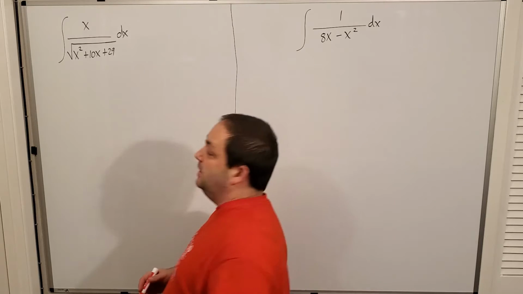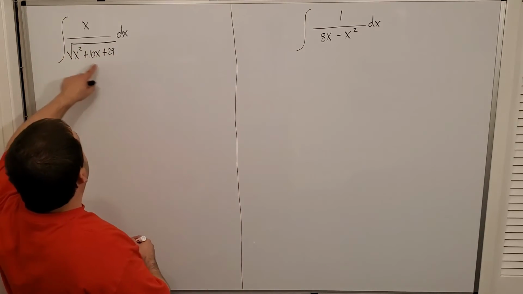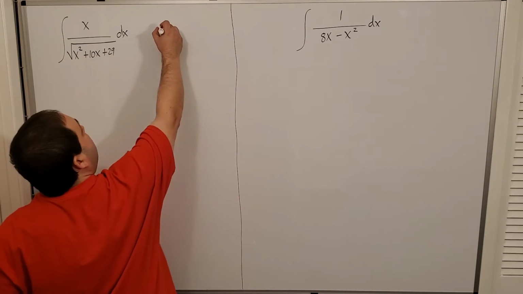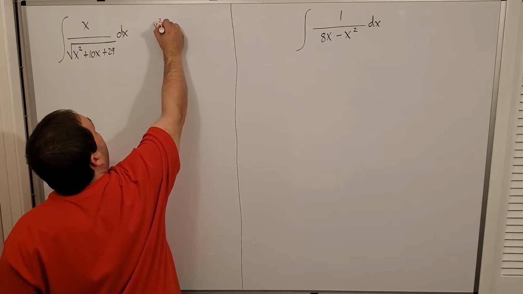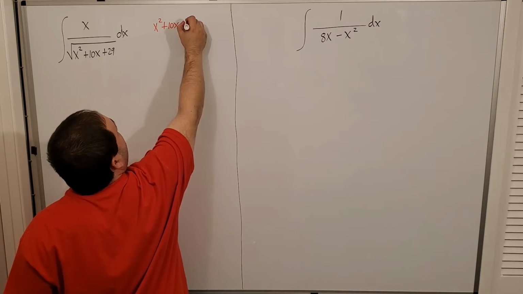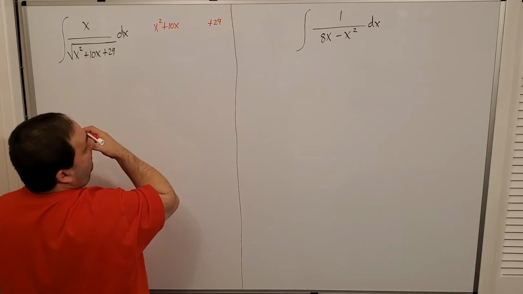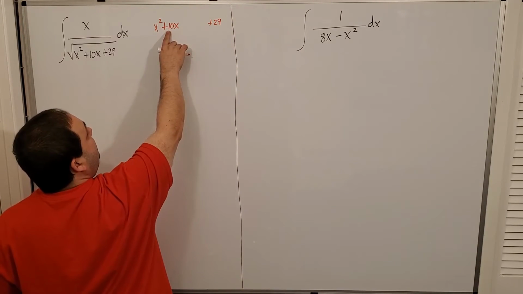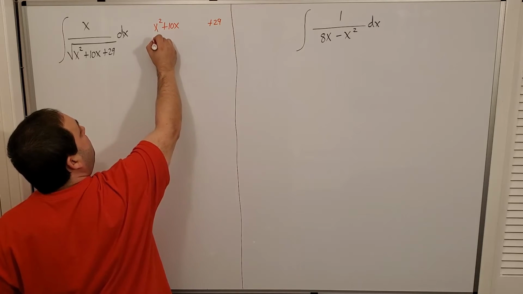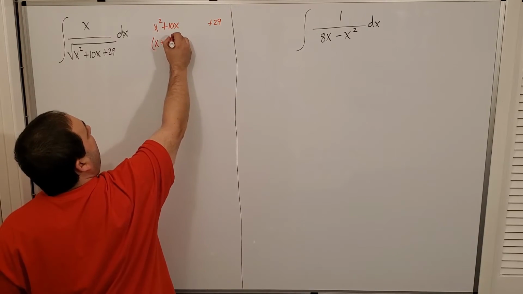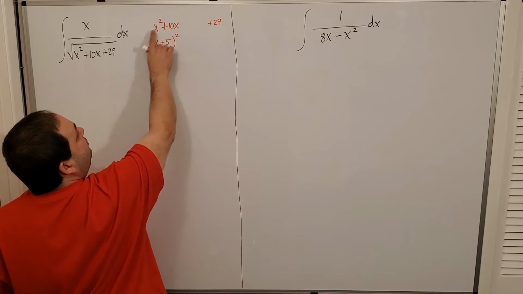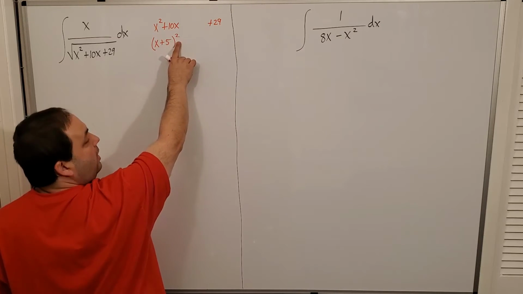Okay, so I'm going to complete the square here on this piece. I have x squared plus 10x plus 29. I'm going to put the plus 29 out of the way. What you do is you take half of the b term, so in this case that would be 5, and I'm going to factor that into x plus 5 squared.